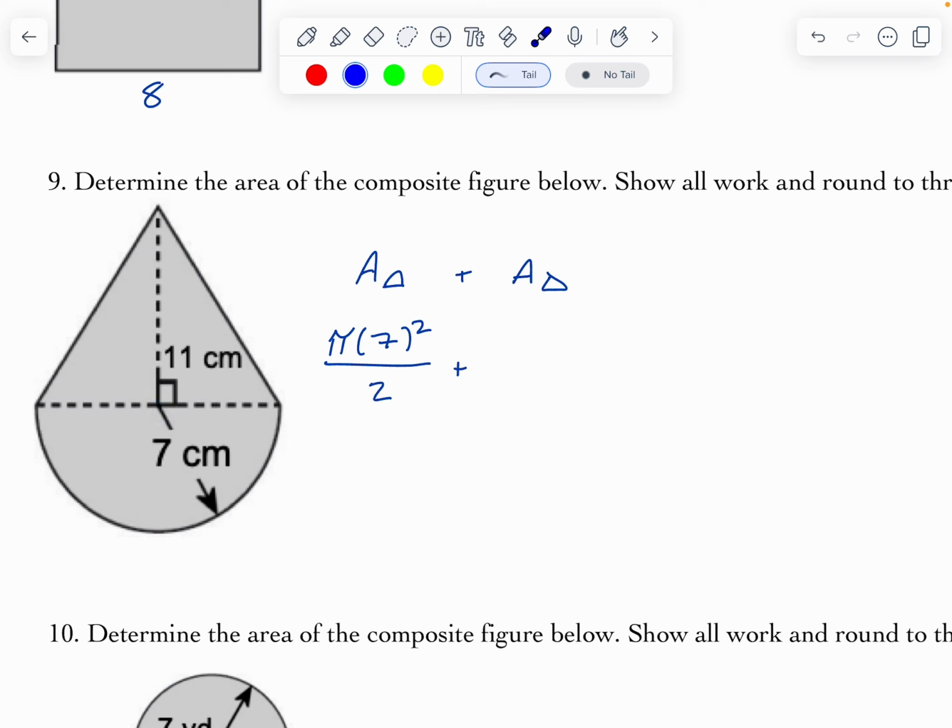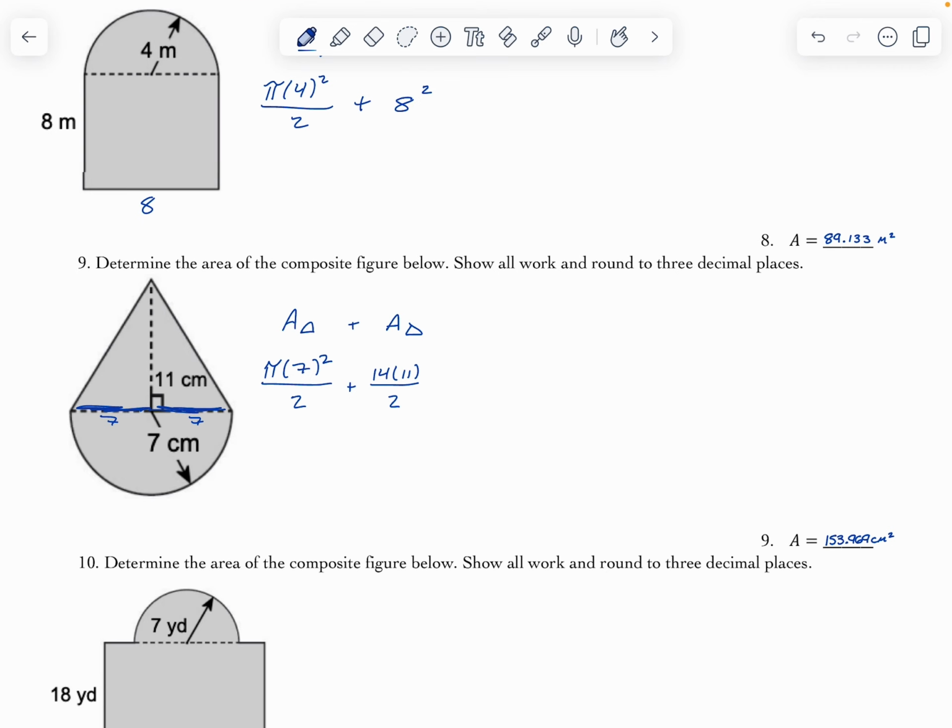That means that this distance right here is also 7. That one's also going to be 7. And we have our entire base of 14. 14 times 11 divided by 2. That adds up to 153.969 centimeters squared.